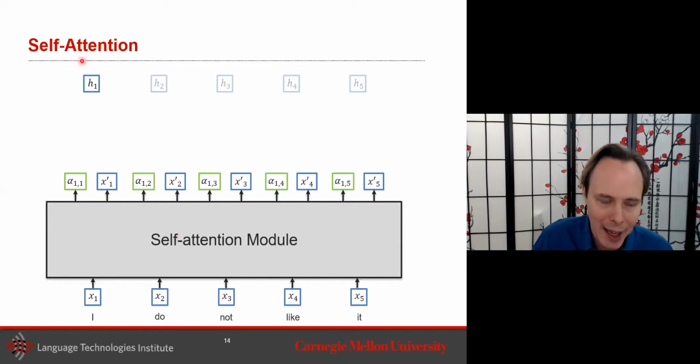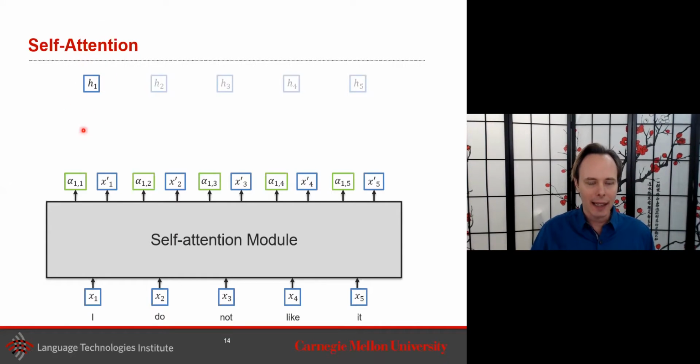For the word I, maybe the other words may not change their meaning as much. The word I will probably have a very high attention here, but it may or may not be as important for the others.